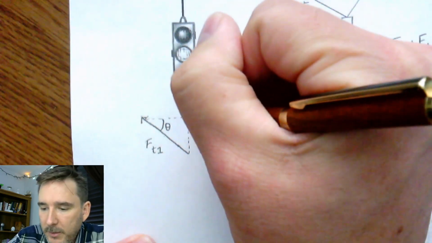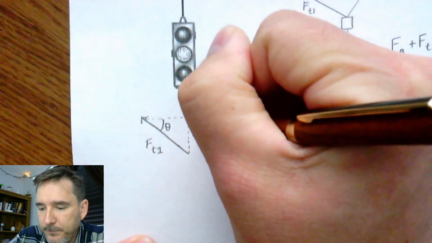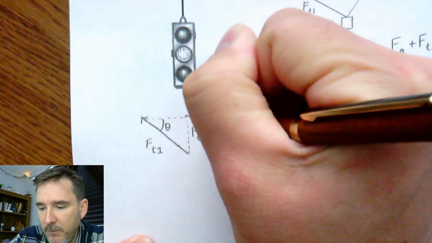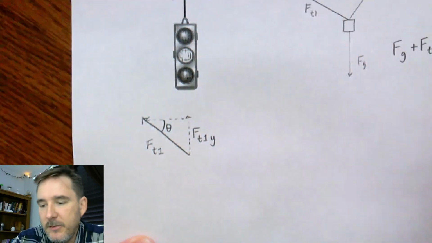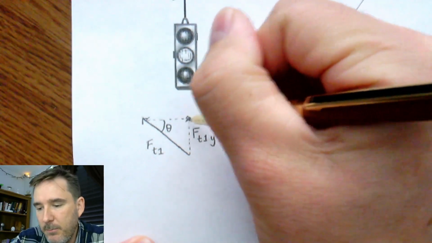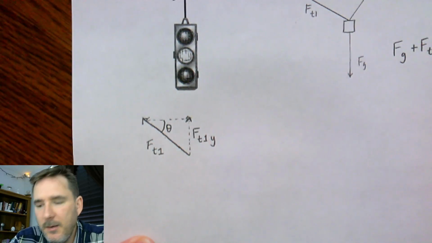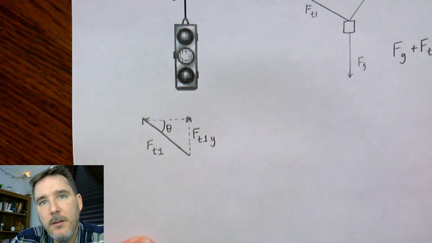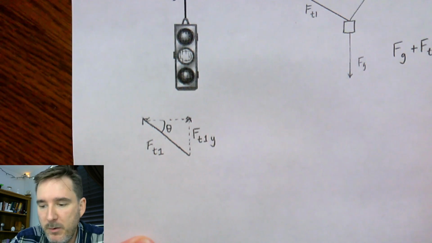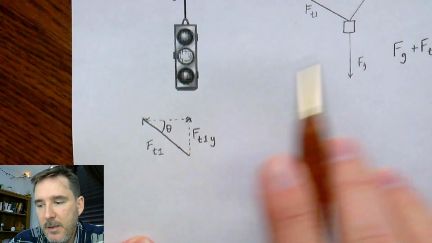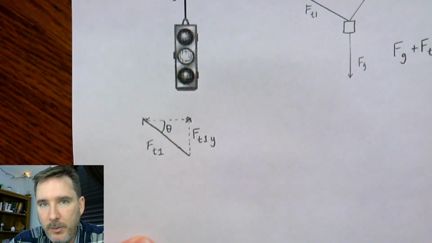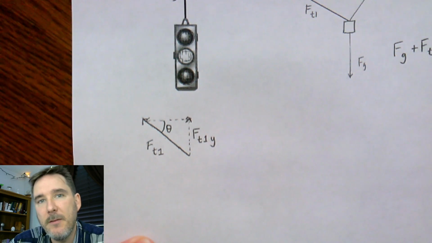But what we are really interested in is this force of tension of the first wire in only the y direction. Because this right here is pulling up on the sign. And it's helping the other wire pull up on the sign. They're doing it together. And essentially this one and the other one, the y component of the force vector, is canceling out gravity.